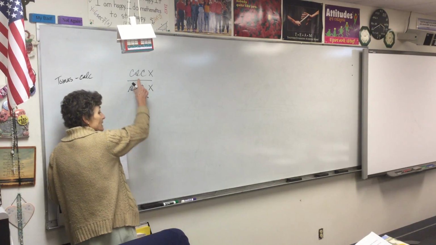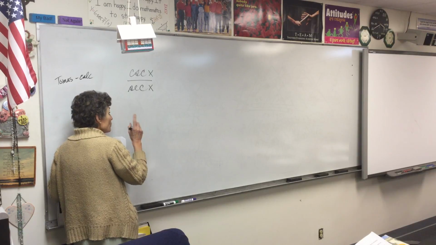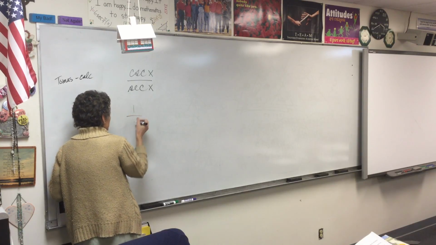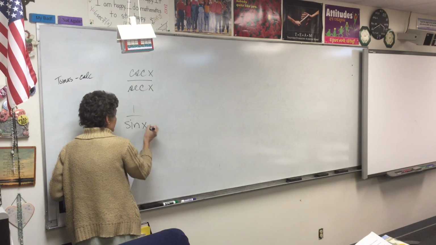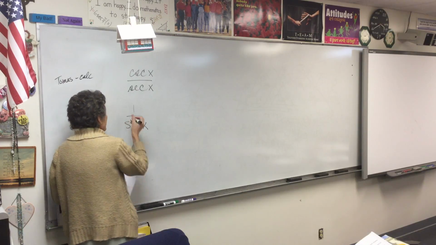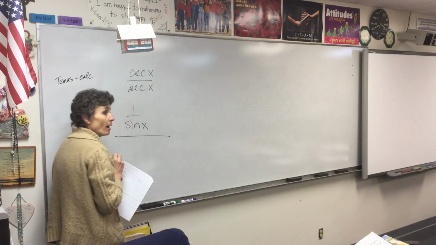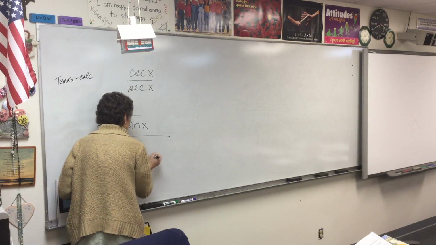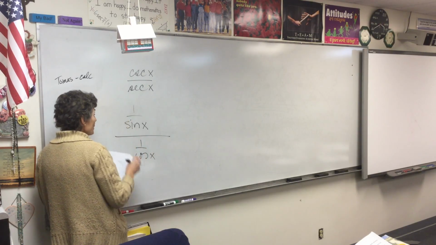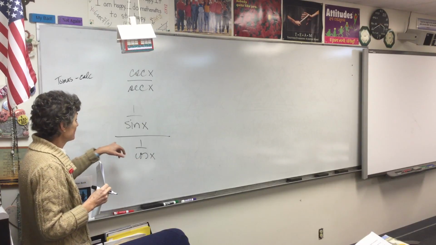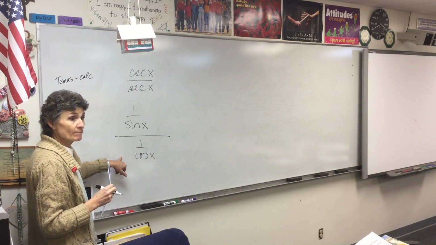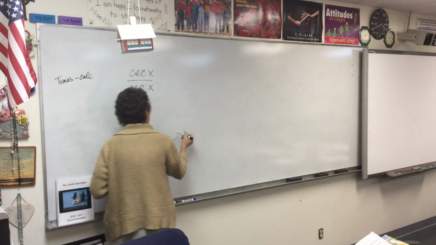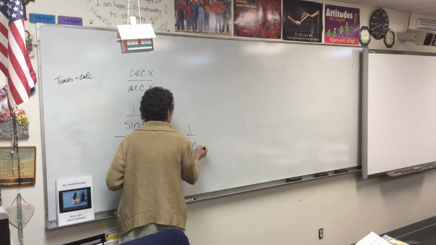Cosecant is 1 over sine, and that is divided by 1 over cosine. Now, when we divide by a fraction, we multiply by its reciprocal, right?